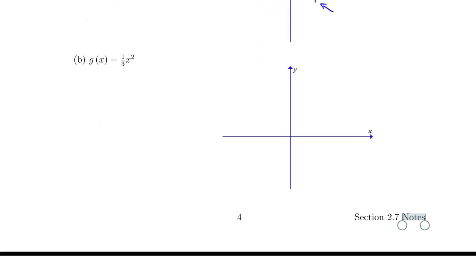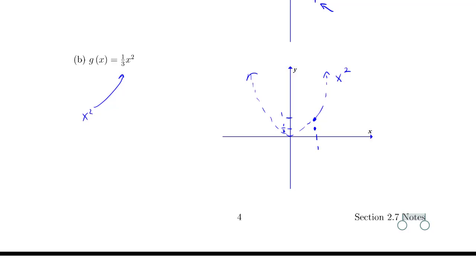In a similar way, let's say we did 1/3 x squared. Now again, it's still based off x squared, but now we're multiplying by 1/3. So let me get the basic x squared function. And now what we're going to do is multiply by 1/3. So if I took that same 1 point that went to 1 before, now when I put 1 into this new 1/3 x squared function, I'm actually going to get 1/3 as a result.